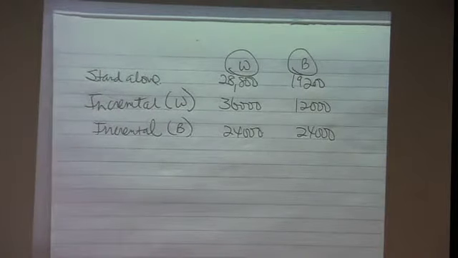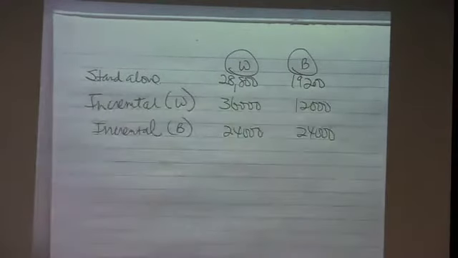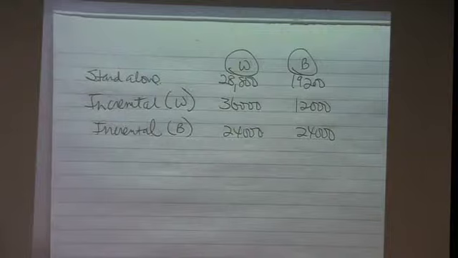Now, part B says, which method would you recommend that Wright and Brown use to share the fees? So which one do you think we should recommend? Well, the allocation method is very sensitive, right?